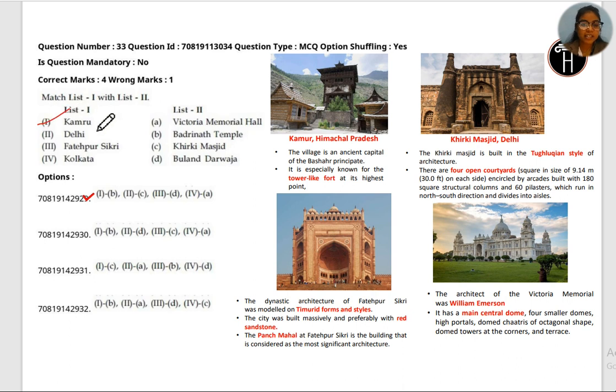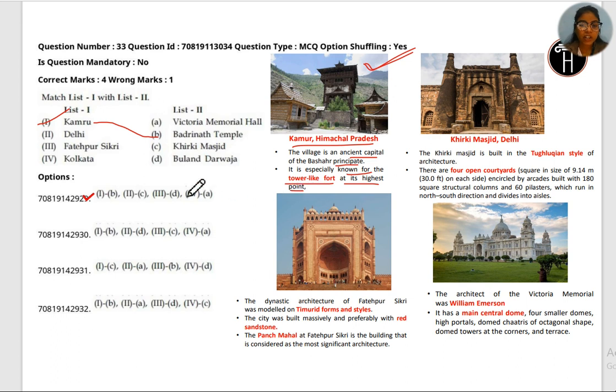This place is in Himachal Pradesh and it is famous for its Badrinath temple. This is the Badrinath temple of Kamru, Himachal Pradesh. The village is an ancient capital of the Bashahr principality. It is especially known for its tower-like fort. The important point is the tower-like fort, the Badrinath temple, which is in Kamru, Himachal Pradesh, at the highest point.